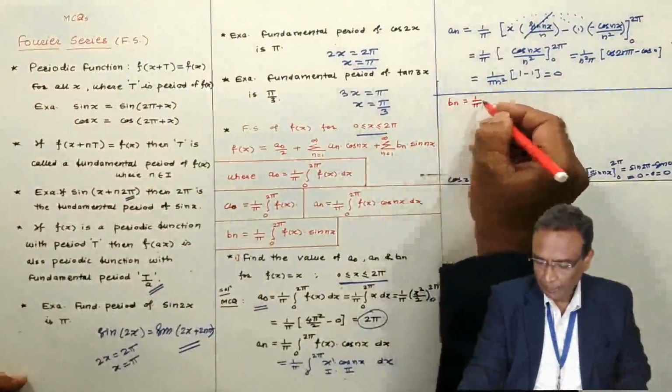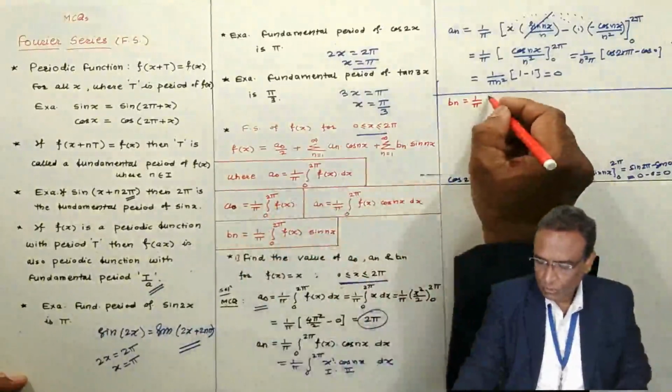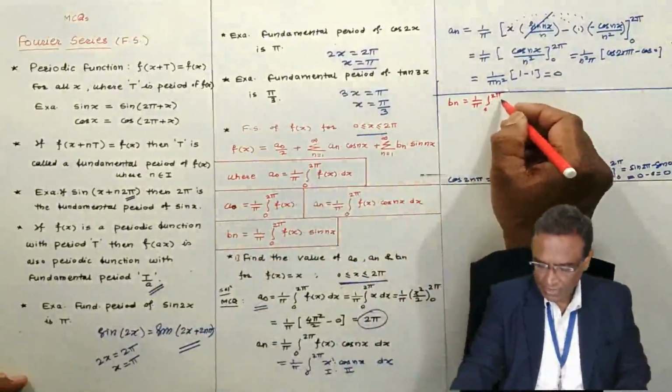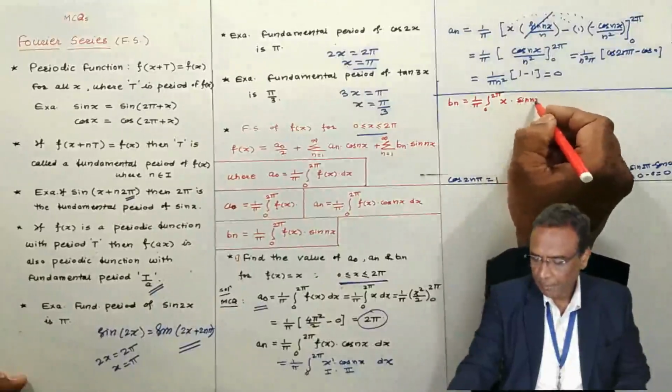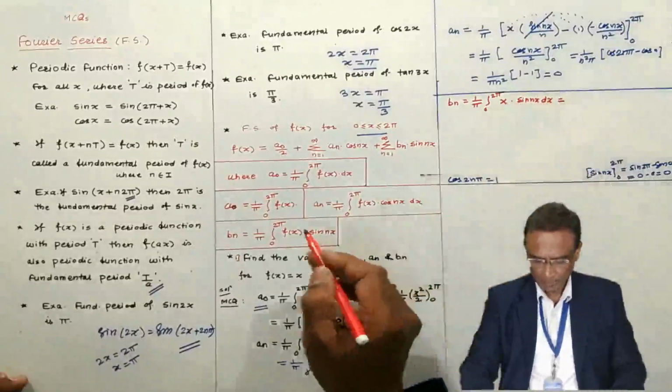1 by pi, the formula is from 0 to 2 pi, f(x) is x, times sin nx dx. f(x) is x.